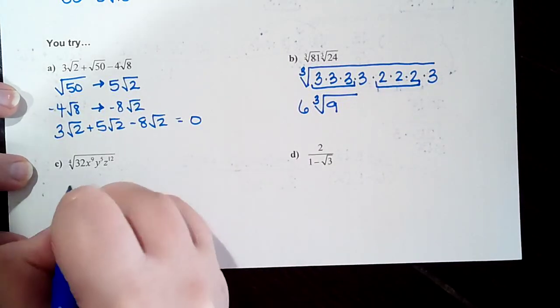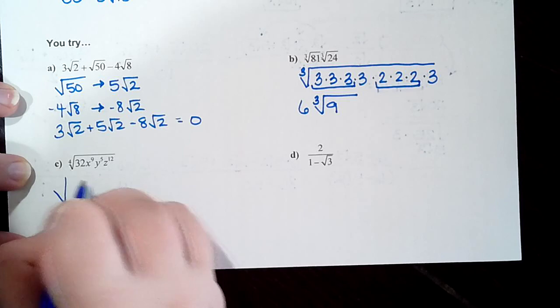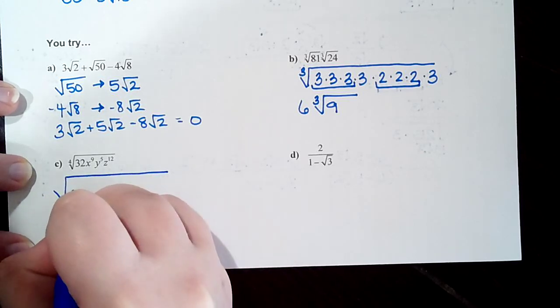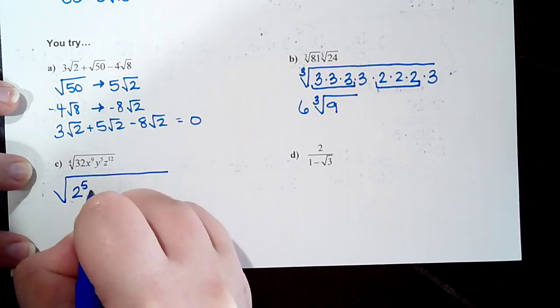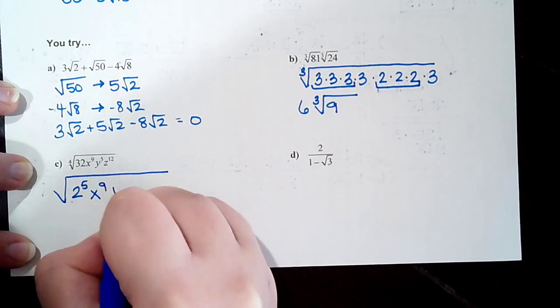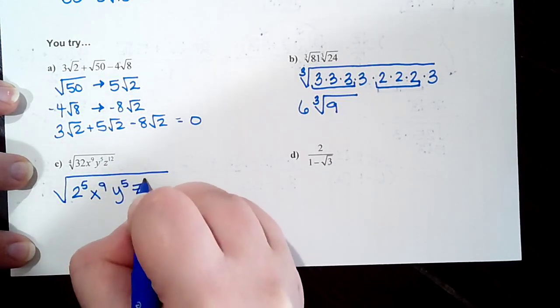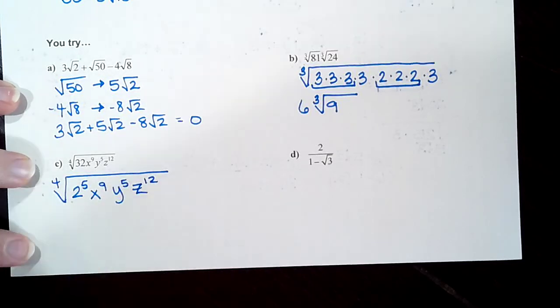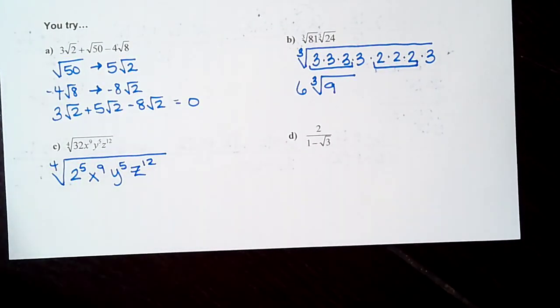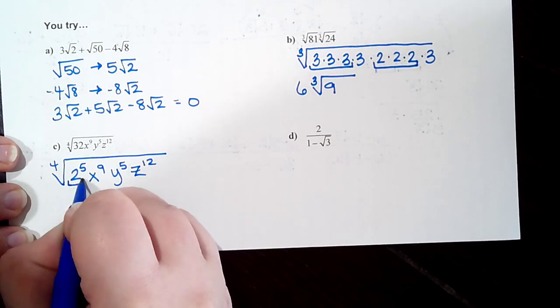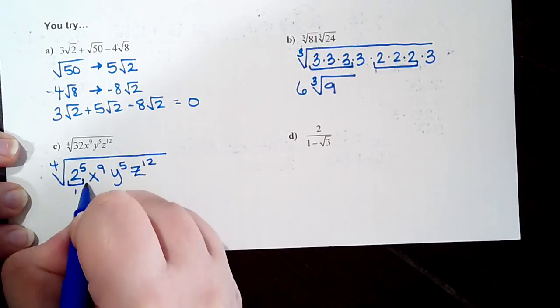All right, this next one is a 4th root, throwing something hard at you, but it shouldn't be too tricky, because if we break this down, it's the same thing as 2 to the 5th, x to the 9th, y to the 5th, and z to the 12th. And because it's the 4th root, we are looking for sets of 4. There is one set of 4 in here.